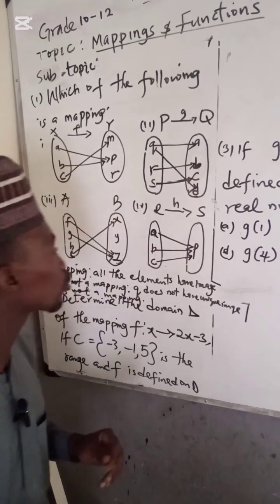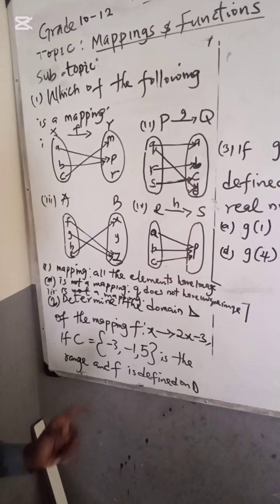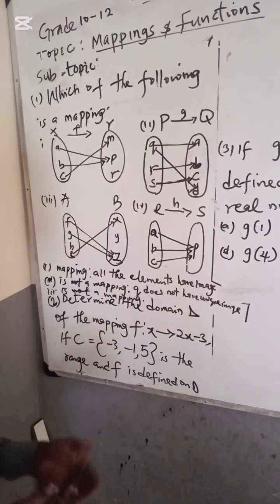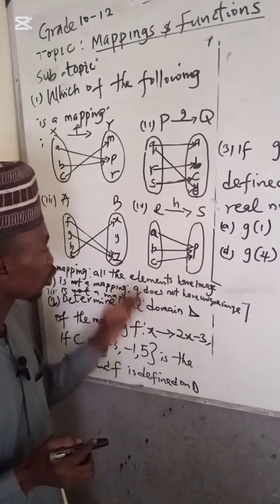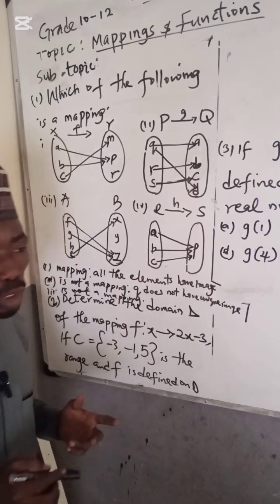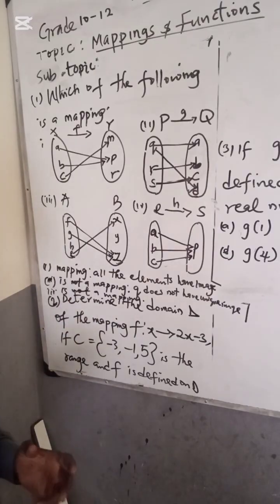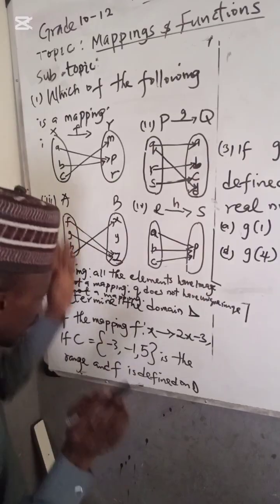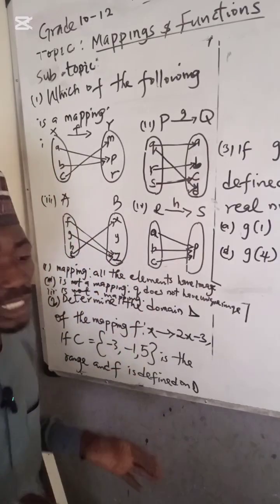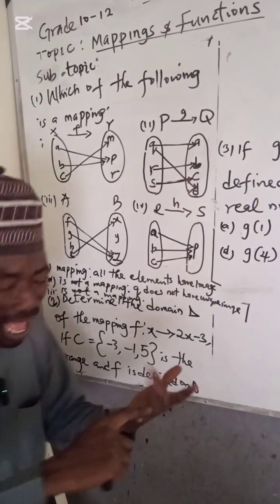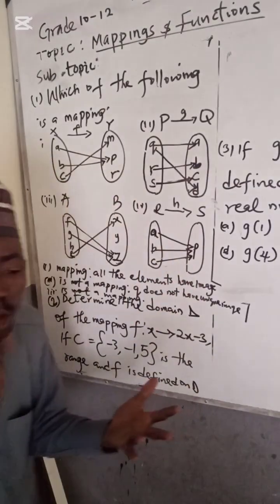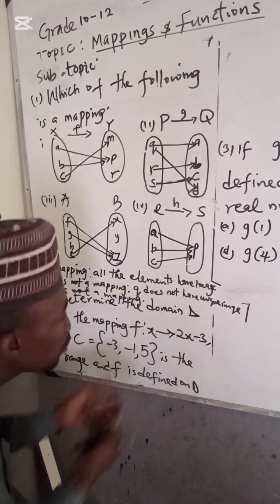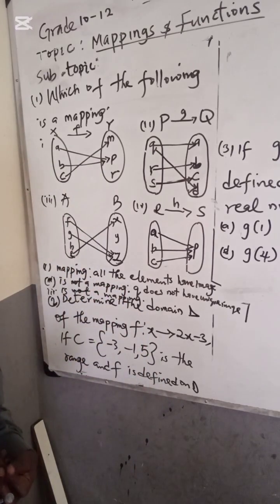Now, look at this fourth one. It's a unique one. I think that will lead us to where I will give you some questions or short notes or some work to do, which is identity mapping, and also composite mapping and constant mapping. In brief, identity mapping is a kind of mapping that is a one-to-one mapping and also an onto mapping. It maps each element to itself.